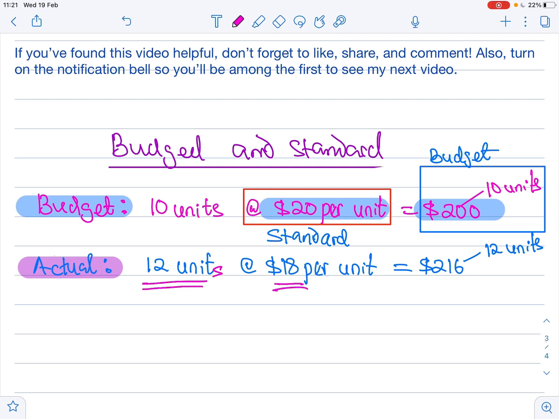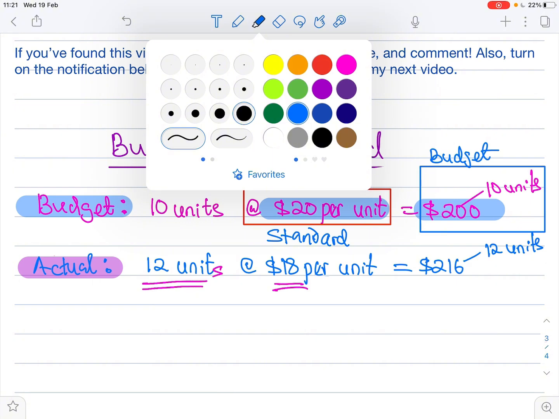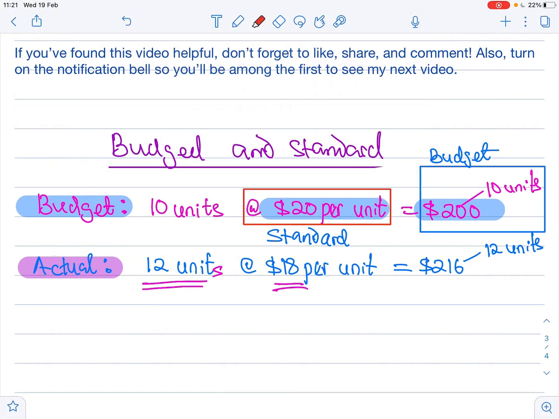All right, so let's extract some information out of there. If we go back to our budget, this part that is talking about $20 per unit is our standard. And the $200 here is our budget. So your budget has in it more than one unit. The $200 is your budget, and it has in it 10 units.